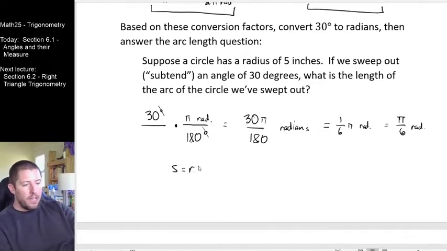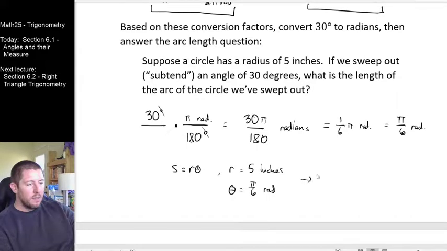We have the formula S equals R theta. We know that the radius is 5 inches. We know that our angle, measured in radians, because this formula only works in radians, is pi sixths radians. And this allows us to make the statement then that S should be 5 times pi sixths, which we could write as 5 pi sixths.